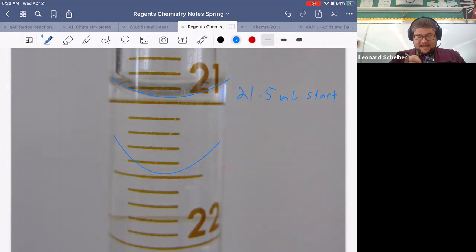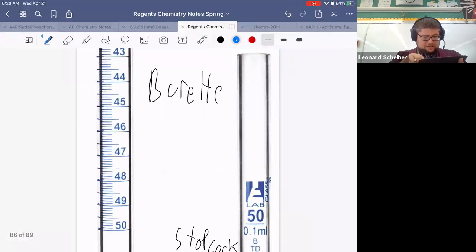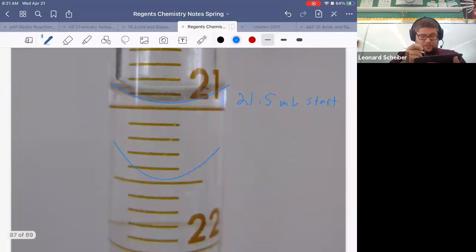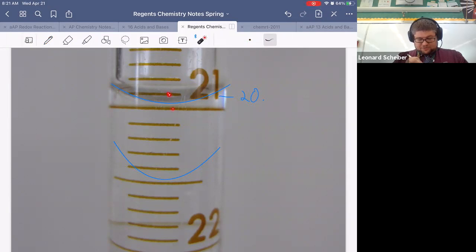So I'm going to say that this ends at, hold on, that's going down. Oh, shoot, I read the first one wrong. Let's try again. So it would start at 20.9, and that's 21.0, so that's 20.95 milliliters.